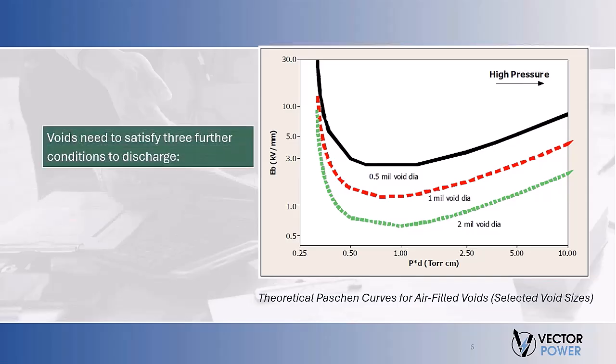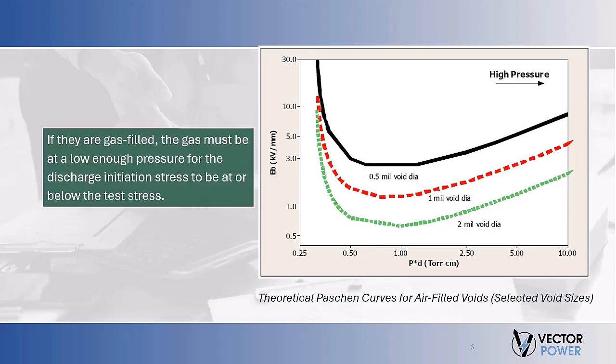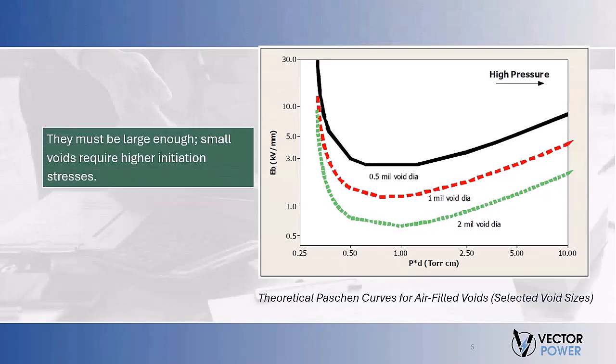Voids need to satisfy 3 further conditions to discharge. They must not be filled entirely with a liquid. If they are gas-filled, the gas must be at a low enough pressure for the discharge initiation stress to be at or below the test stress. And third, they must be large enough. Small voids require higher initiation stresses.